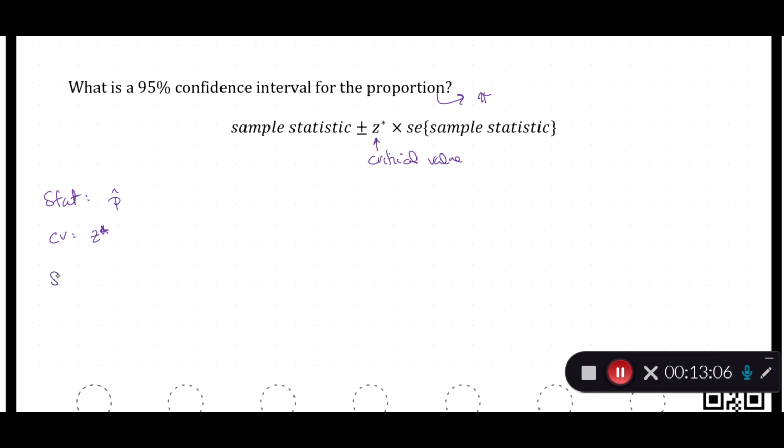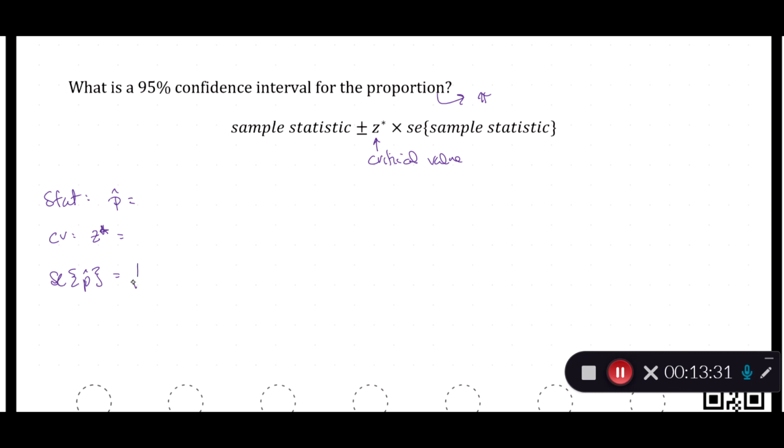My standard error of p-hat, so my standard error of my sample statistic, I have to be careful with this. With p-hat, when I have a hypothesized value, I'm going to use the hypothesized value to find that standard error, like I did for my z-obs. When I don't have a hypothesized value, the best guess that I have is just p-hat.